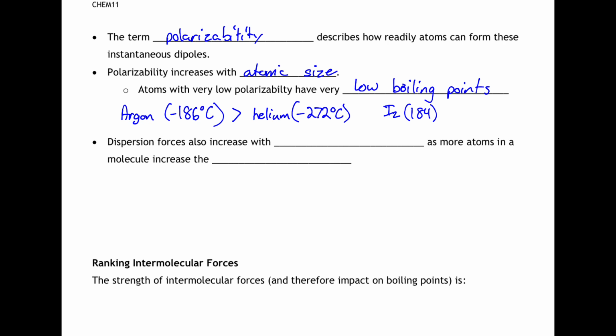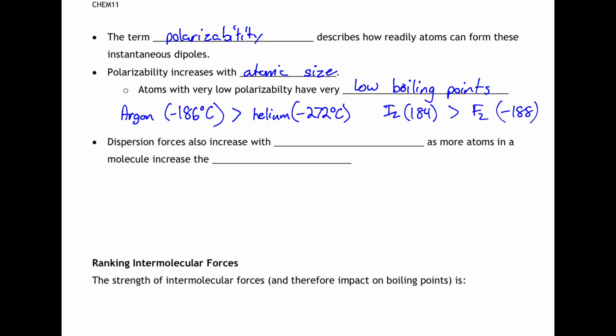But then I have fluorine, F2. I just don't have room to write all the letters in fluorine. It has a boiling point of negative 188. So fluorine is very hard to polarize. It has fewer electrons, so it's hard to polarize. So it's like a nearly 400 degree difference between those two.